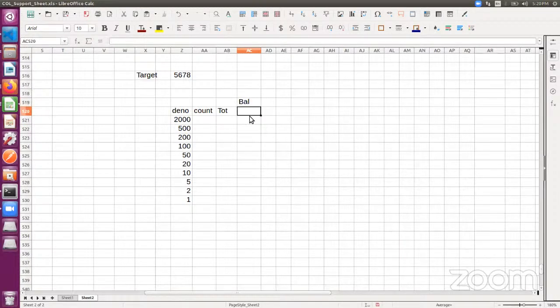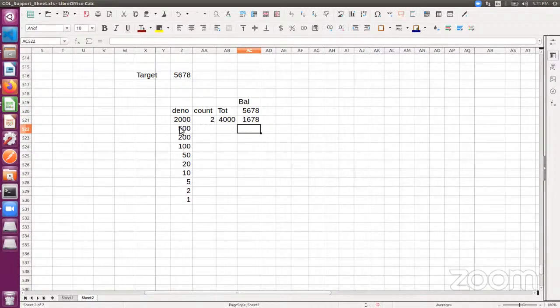So what is the current balance? That will be updated in this column. Initially, 5678 is the balance. How many 2000 rupee coins can be filled in 5678? Maximum 2. The total would be 4000, and the balance 1678.